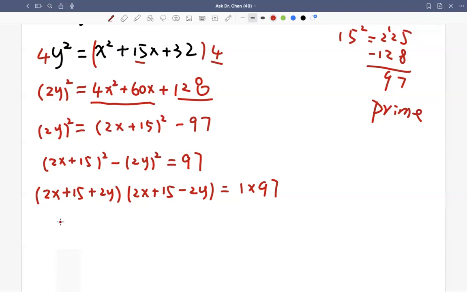Because y and x are positive integers, this factor has to be greater than this one, because this one adds y and this one subtracts y. If y isn't positive, we would have to split into two cases, but I want to do it the easier way. So 2x plus 15 plus 2y has to be bigger than 2x plus 15 minus 2y. That means this one has to be 97 and this one is 1.